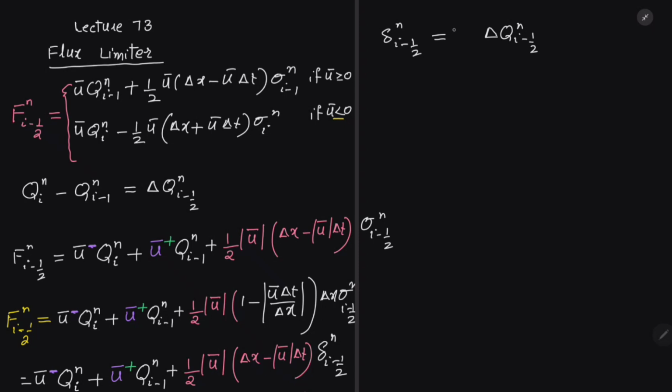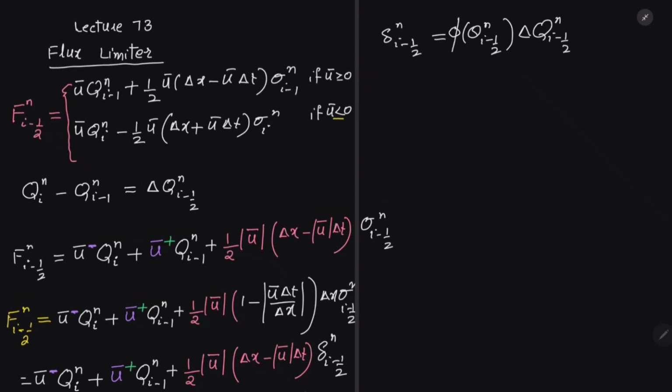If I introduce some kind of function, it is not a parameter, but a function phi, and it is a function of theta_{i-1/2} and delta Q_{i-1/2}, then this delta can be modified due to phi. Let me take a very simple example.